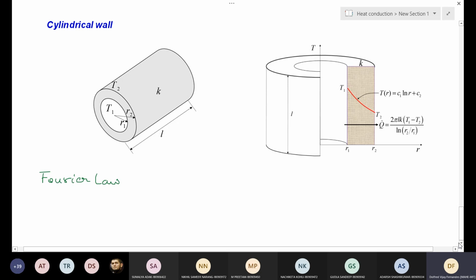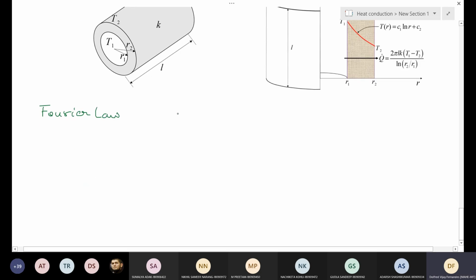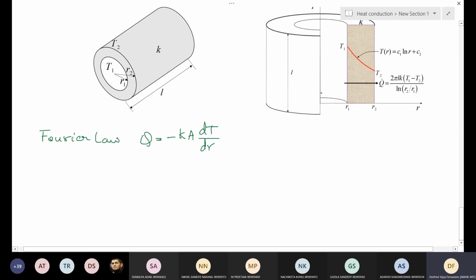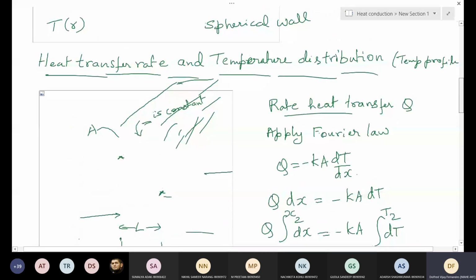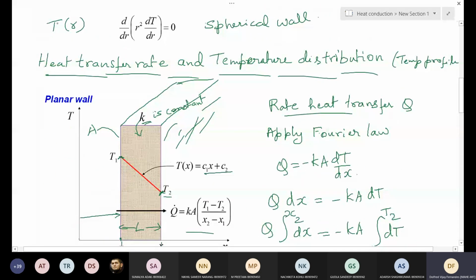So tell me now, for the radial direction, Q equal to minus kA dT by dr. The Fourier law will not change, but the derivative is taken in the R direction. In the planar wall, as I told you, the area of heat transfer is the same.